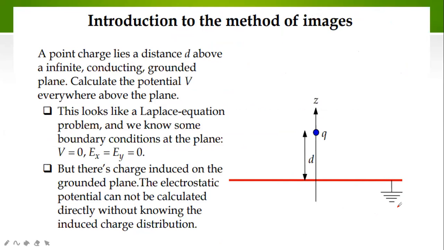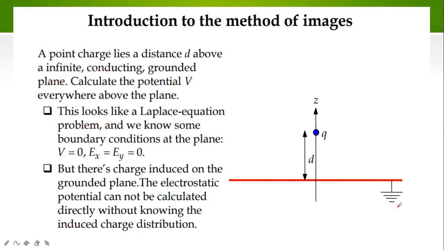What do you understand by the plane being grounded? The plane is grounded means all the charges on the surface we have grounded to a point in the earth, so that there is no surface current. And if there is a surface current, then we can't use the method of images.